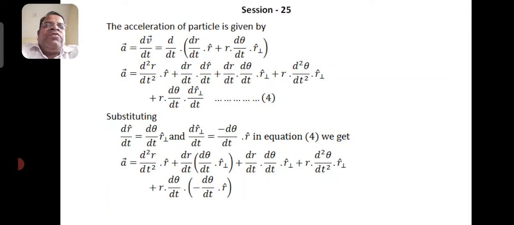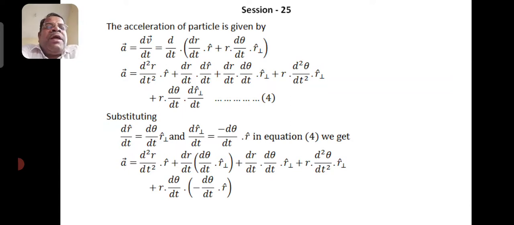Acceleration a equals d by dt of the bracketed term dr by dt into r cap plus r into d theta by dt r perpendicular cap. That bracketed term we have to differentiate with respect to time.